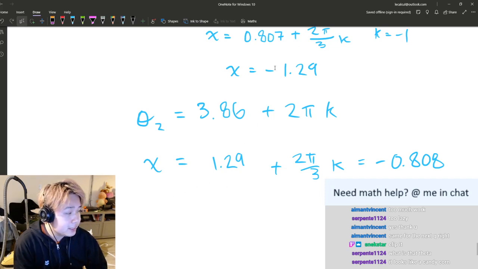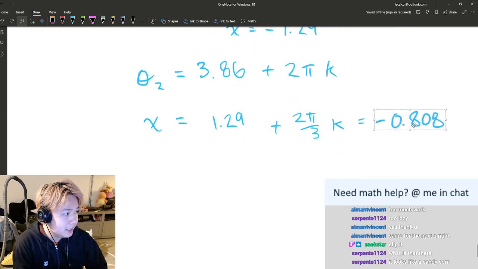So their answer has this one, right? Negative 1.29. It has this one, negative 0.81. And then they also have a third answer. And that comes from taking this one and then subtracting another 2 pi over 3.